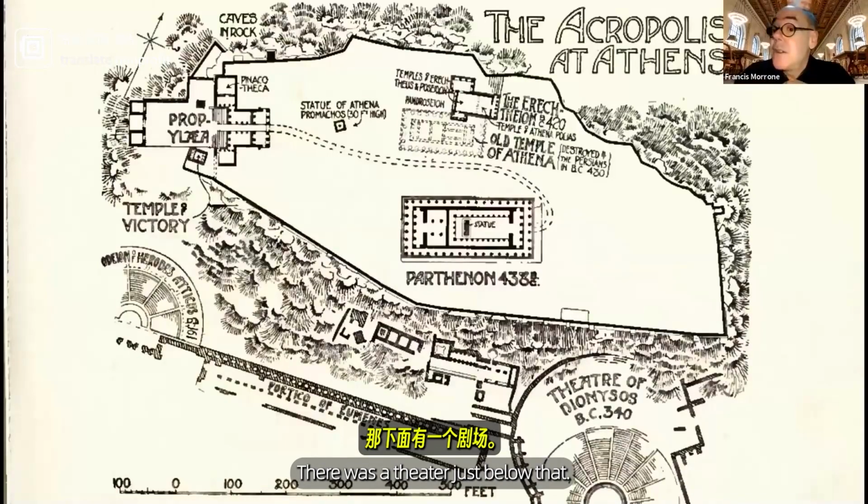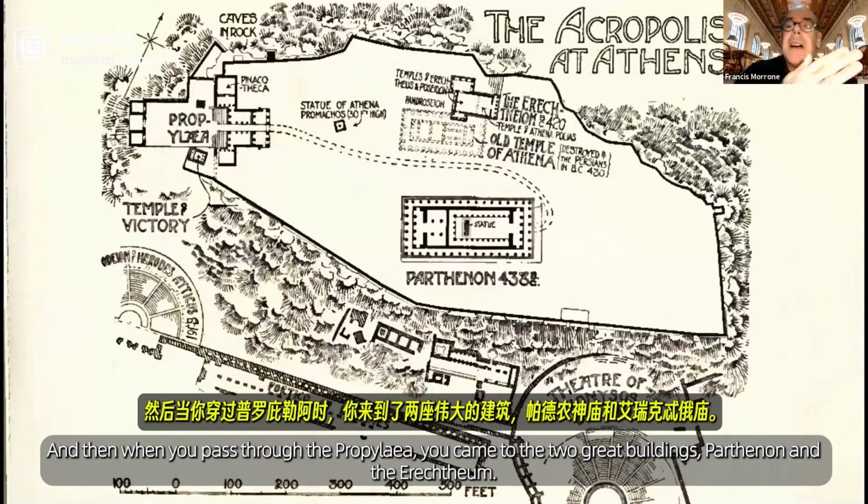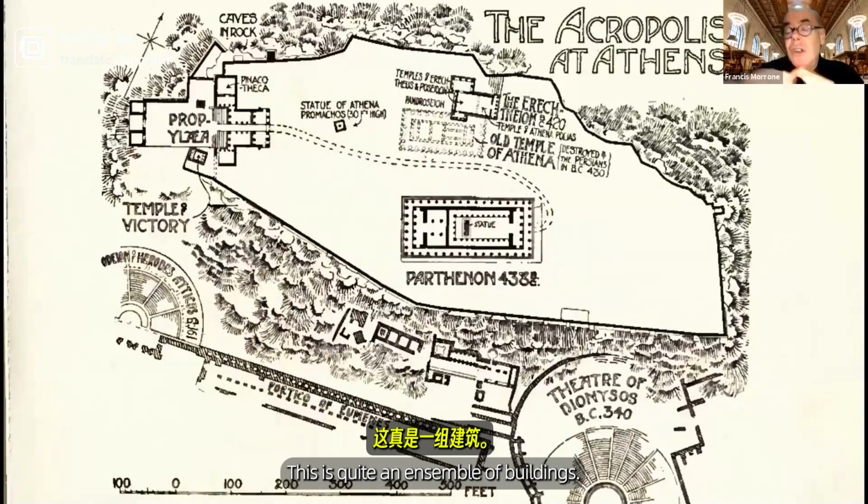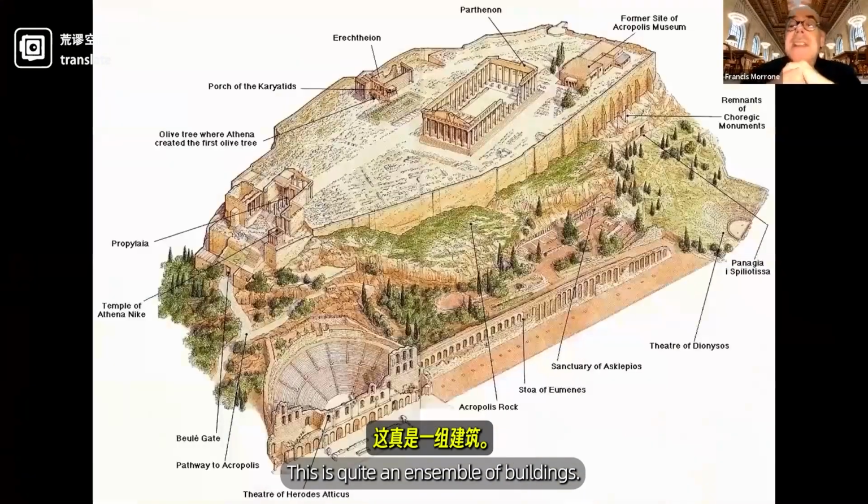There was a theater just below that. And then when you passed through the Propylaea, you came to the two great buildings, Parthenon and the Erechtheum. And then in the lower right-hand corner, you see the Theater of Dionysos. This is quite an ensemble of buildings.